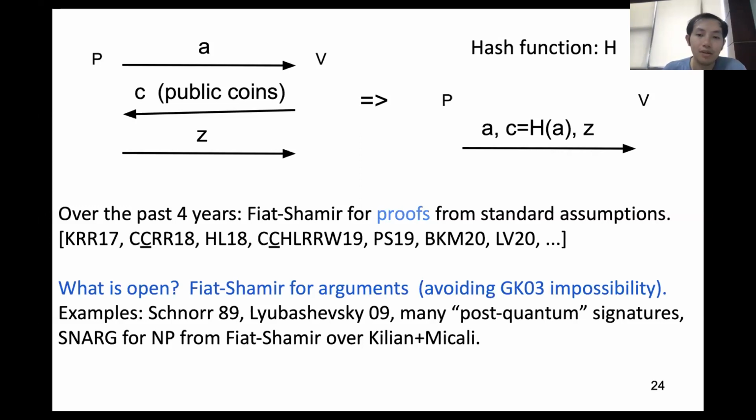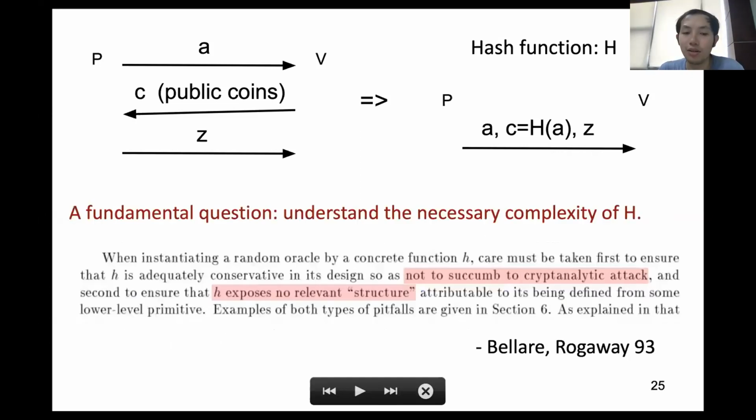In this work, we also think about more fundamental questions. Previously, we said that if the hash function is cryptographic enough, then the challenge looks like a random string, and that's why the Fiat-Shamir heuristic makes sense.